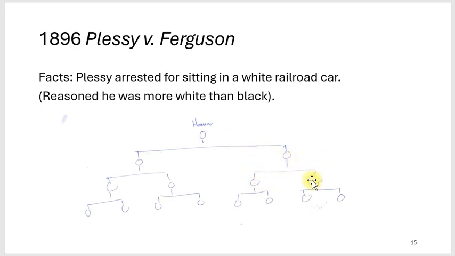His mother's father, white, his mother's mother, African American, making his grandmother half white, making his mother a quarter white, making Homer Adolph Plessy 1/8 African American.